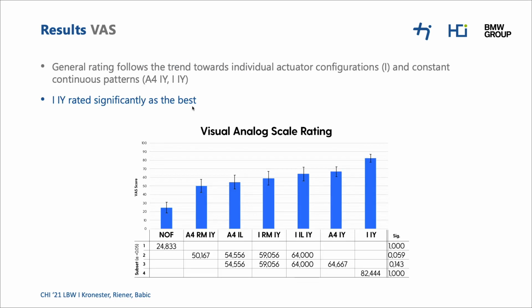Results from the visual analog scale follow the trend of the UEQ of slightly favoring individual actuator configurations providing spatial cues around the wrist, highlighting the pattern individual intensity as significantly the best.